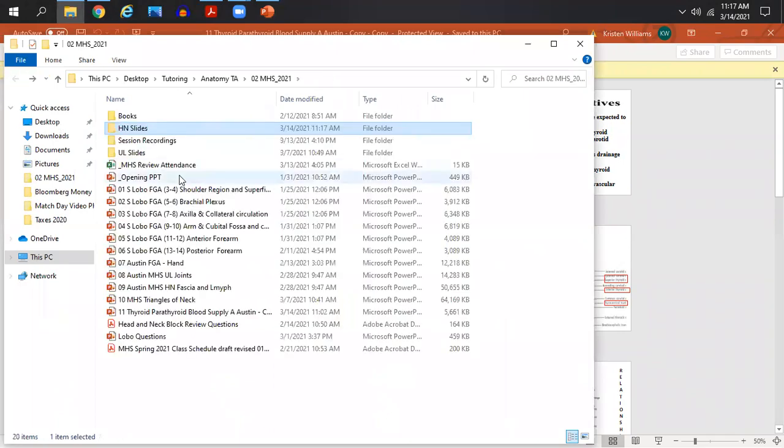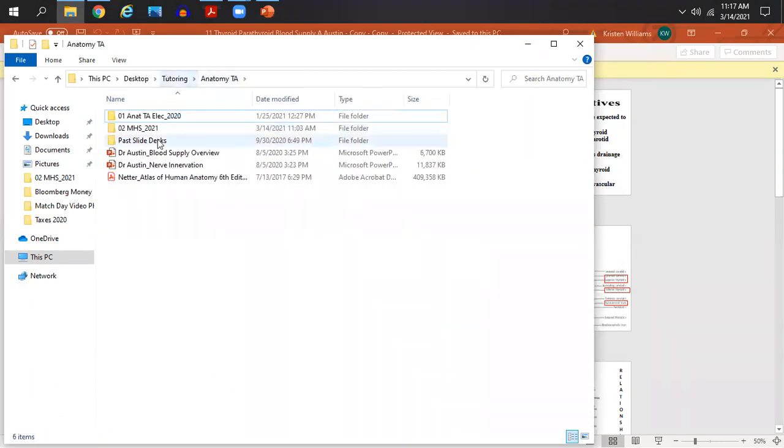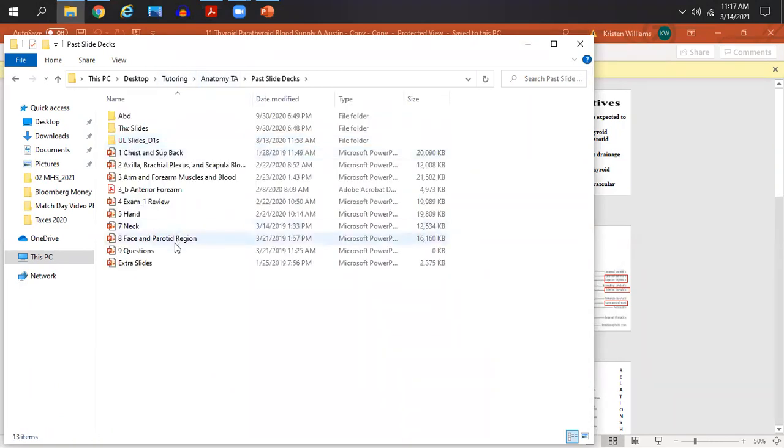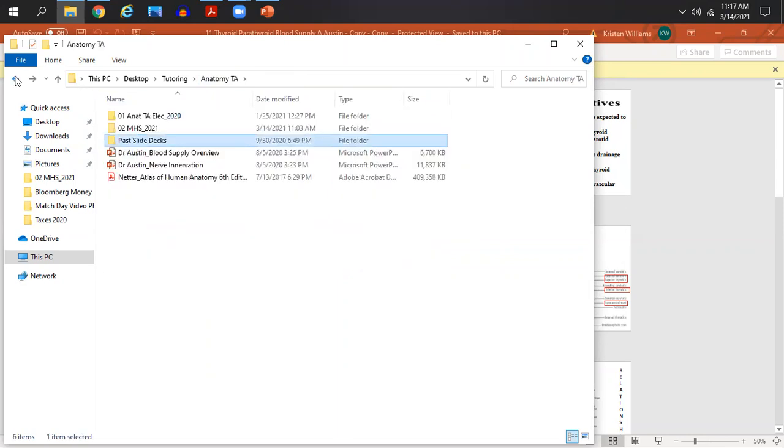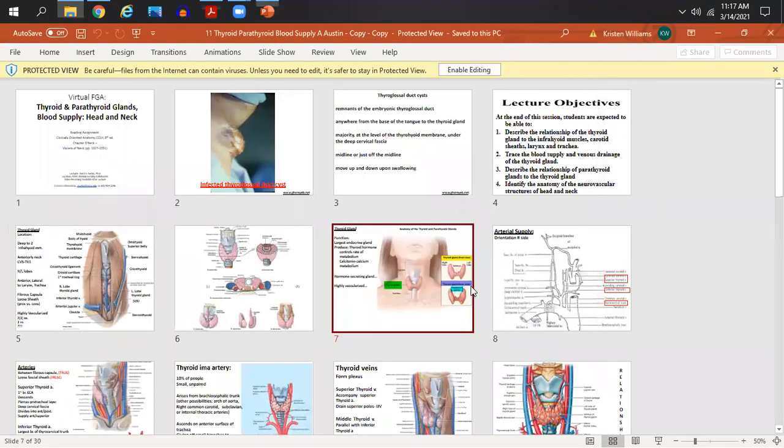Where did I put thyroid and parathyroid? I know I have a thing on parathyroid somewhere. All right, I can't find it. I'll find it later. I'll have it at the ready for Tuesday.